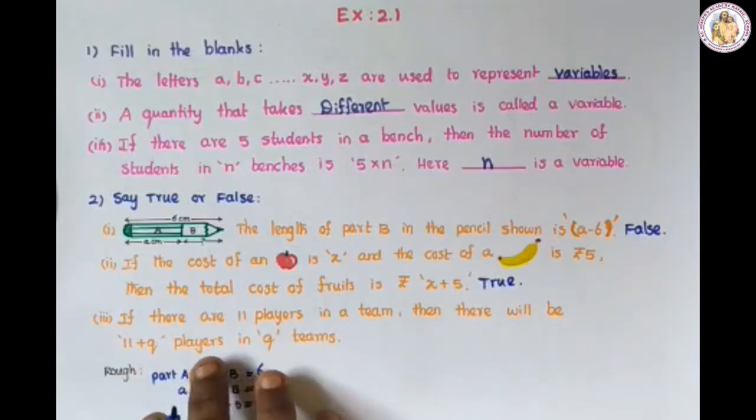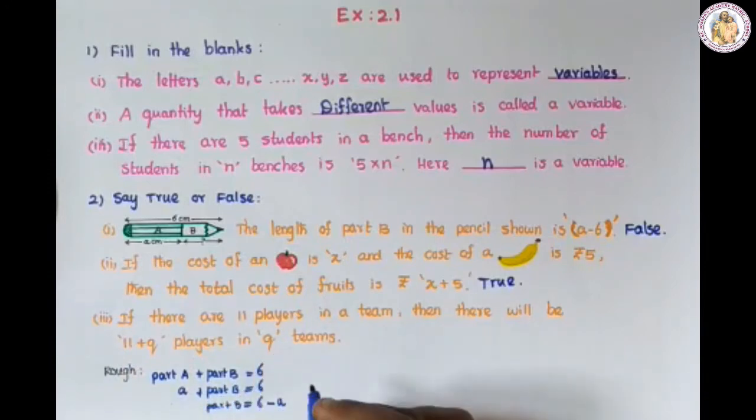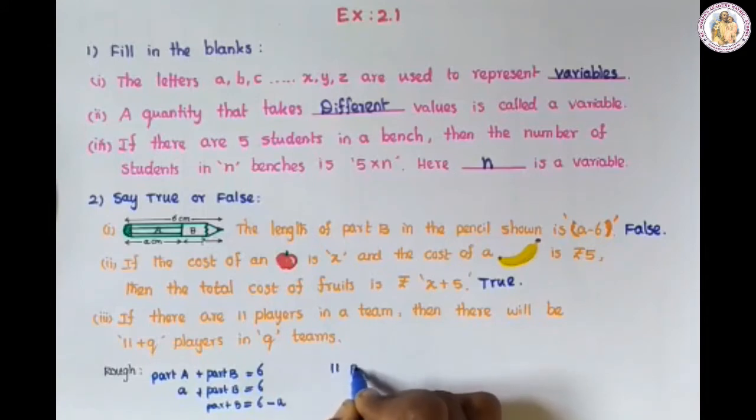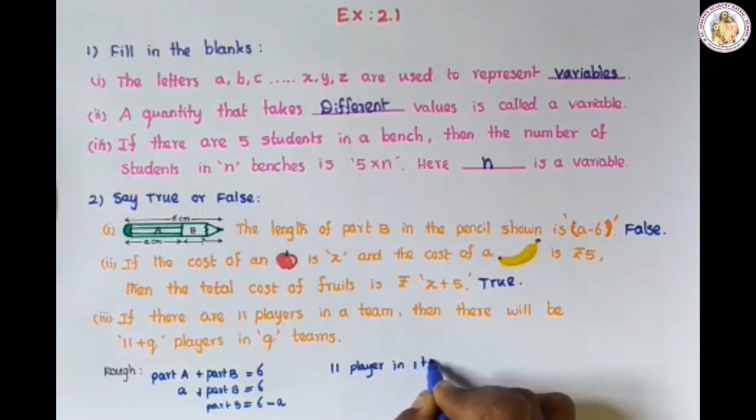And then third one, if there are 11 players in a team, then there will be 11 plus q players in q teams. Check whether it is true or false. Listen, 11 players in one team.